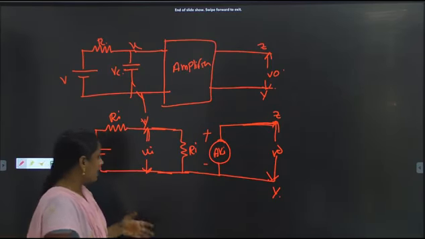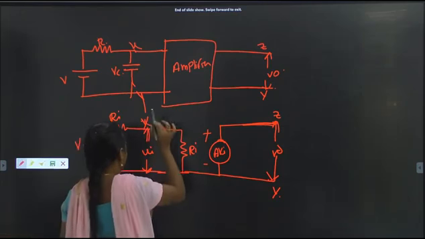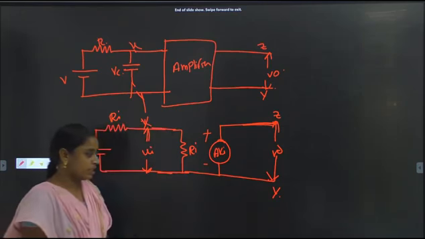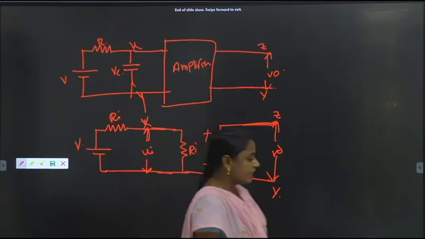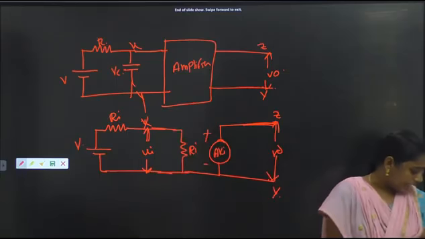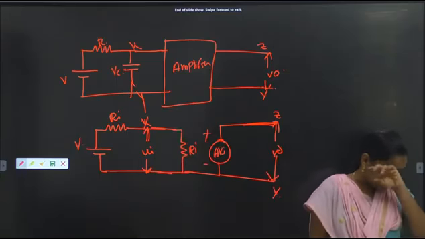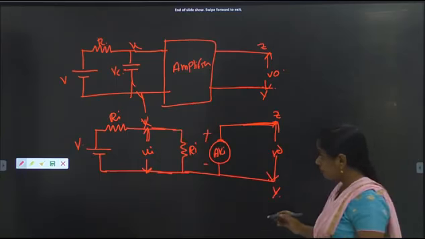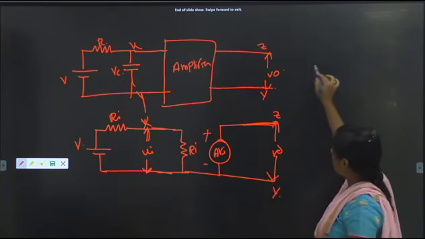That is Ri, and this one is X and Y. We have to apply inputs here. So the figure can be redrawn like this.